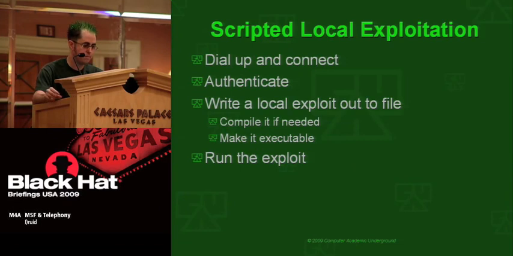Basically, if you dial up and you connect and then you authenticate, you write a local exploit out to a file, you can then run that local exploit. One of the things I realized after working on this for a while is we need to really abstract the expect stuff out to a general type of mechanism to interact with any session in your session manager.